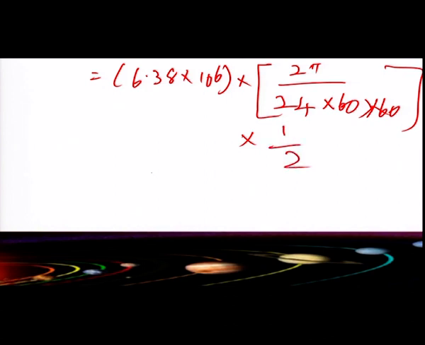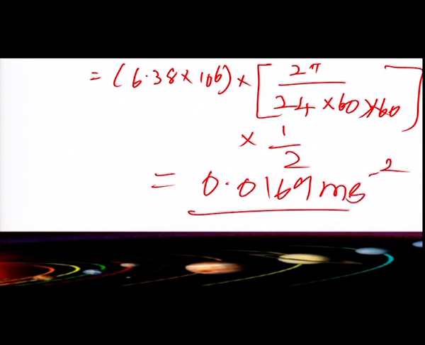When you simplify the whole expression, we get 0.0169 m s power minus 2. Therefore, if the earth were to cease rotating about its axis, the change in the value of g at a place of latitude 45 degrees is 0.0169 m s power minus 2.